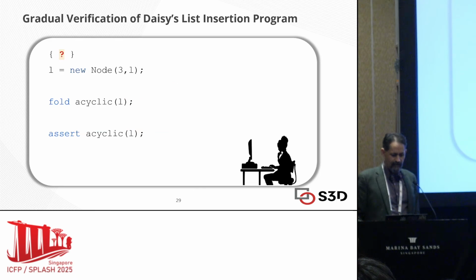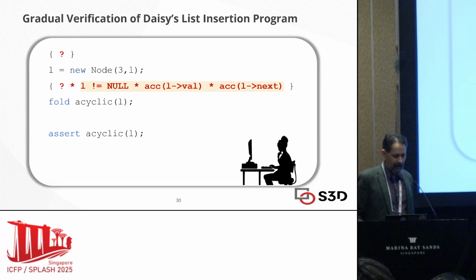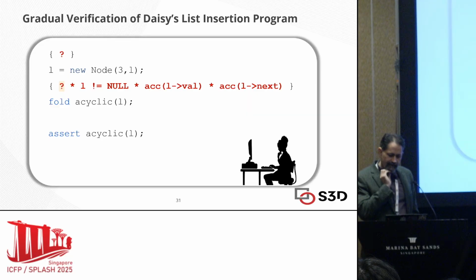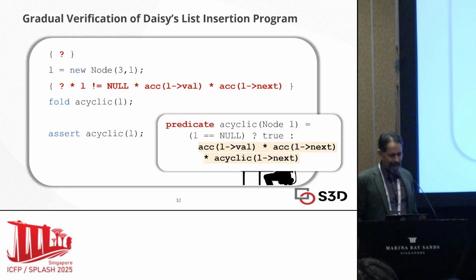But we could also make it gradual, right? So if Daisy didn't specify that the input list was acyclic, she could have just written a question mark. And then we allocate a new node. We know that we own the heap portions for that new node, and that it's not null. And we also retain some unknown information that we had before this allocation. Let's say we want to fold the acyclic code again. Well, we have part of this information, right? We have that we own access L.value and L.next, and that L is not equal to null.